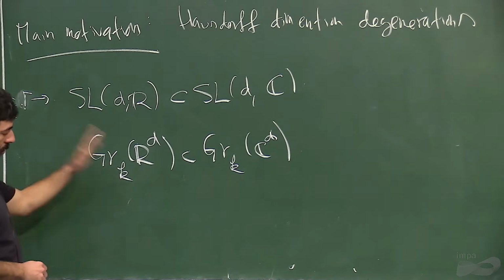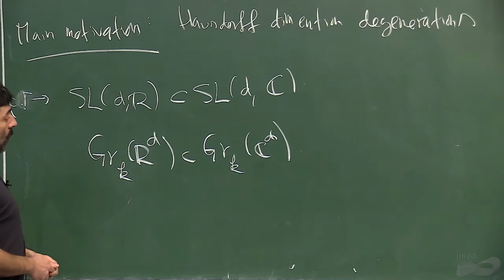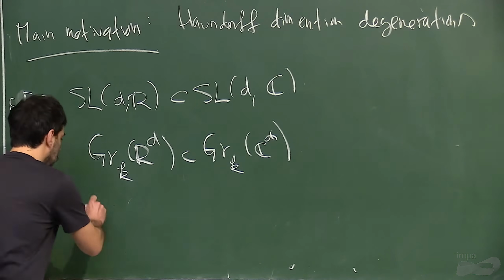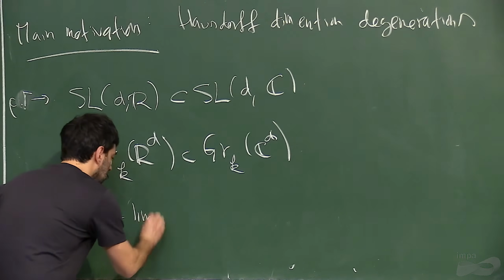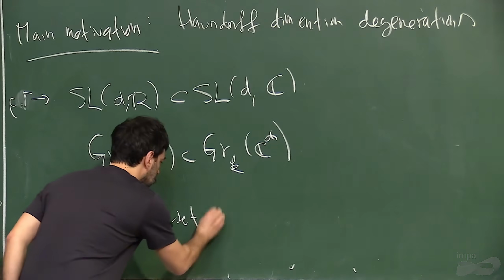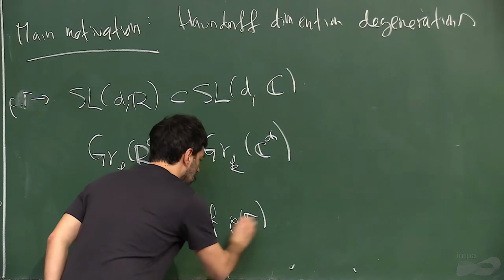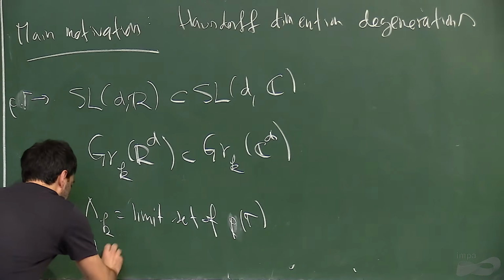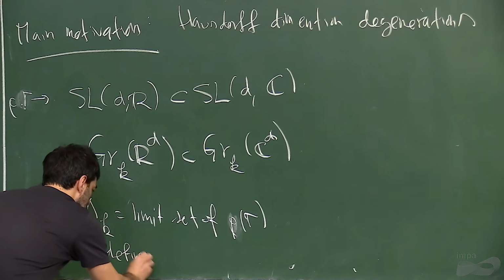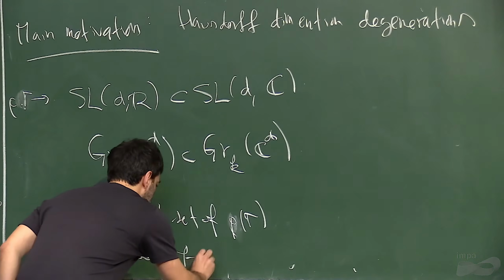But let me just restrict to this case. So I'm going to have here some limit set. So let me just say that this is well defined in many cases, in particular if rho is Zariski dense.